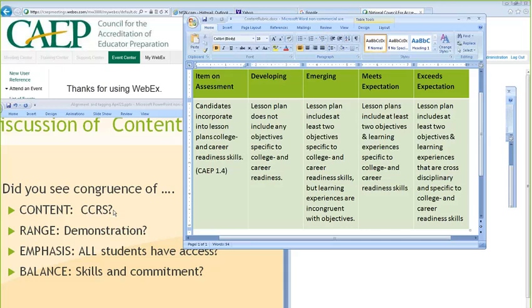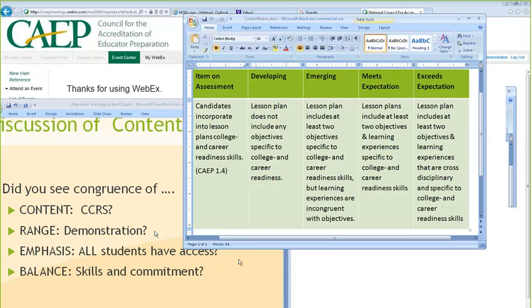What is the range there? And remember, the range here was intended to be demonstration, not just knowledge of content and career readiness that you could incorporate into your lesson plans, but also are they demonstrating that they can teach to those?